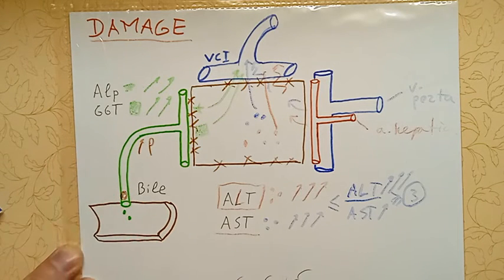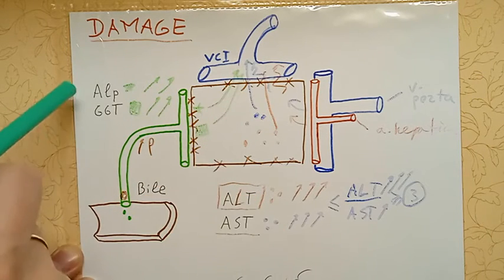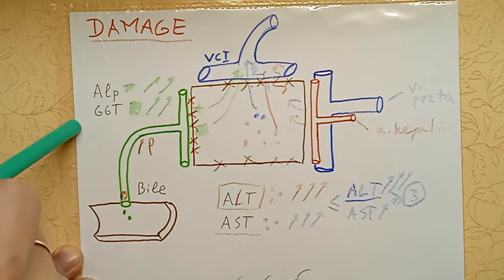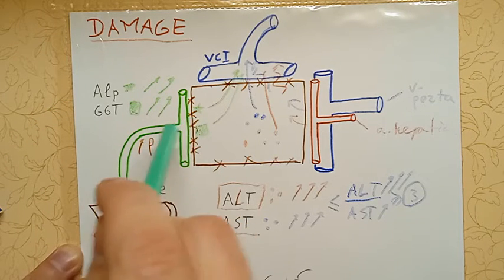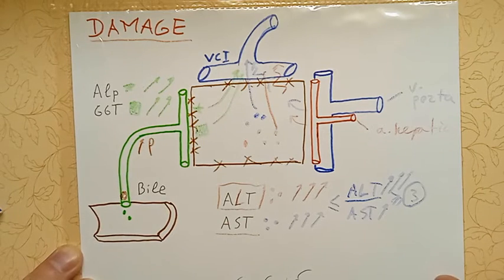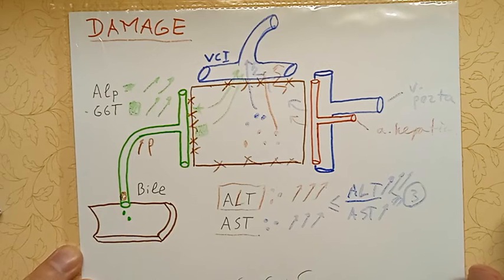It's very specific. So, two main markers, ALT and AST, the elevation says that a cell is damaged. Elevation of ALP and GGT says that the cell is damaged due to the problem of the bile system, or especially this one, due to alcoholic intoxication.